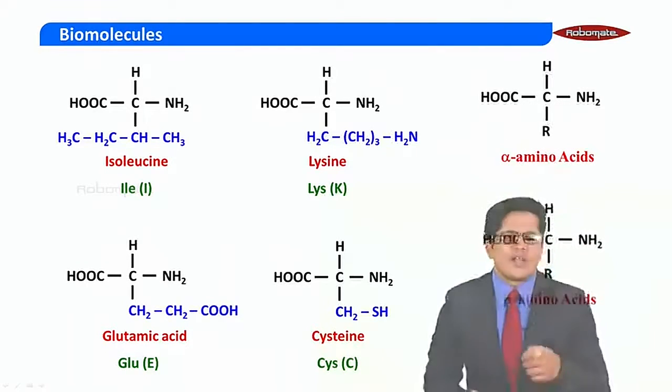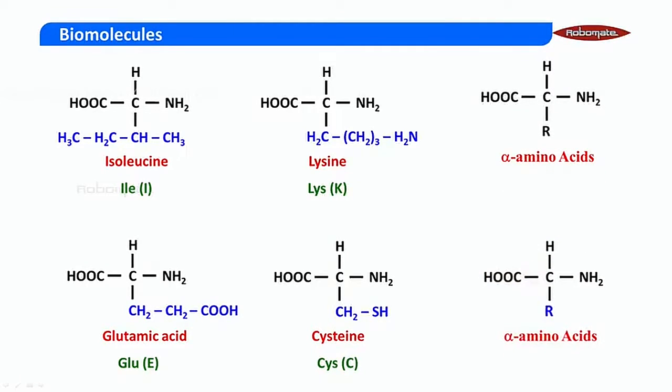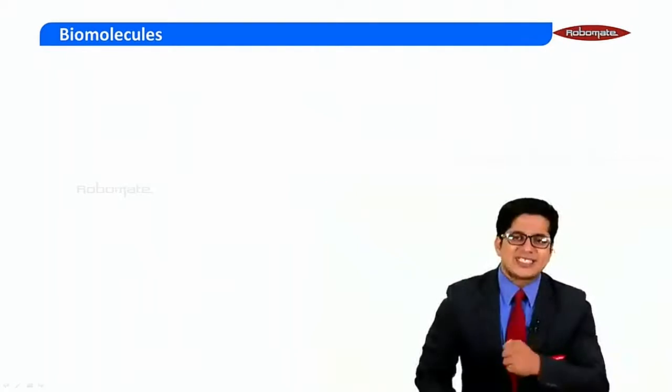And lastly, what if I have an amino acid in which R is removed and instead of it we place CH2 with a phenyl group? Then we get a compound called as phenylalanine. So these were some basic amino acids.